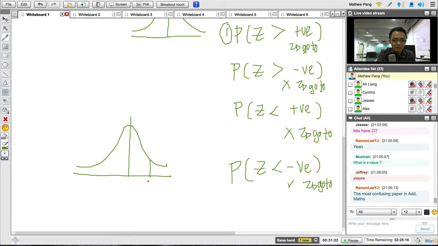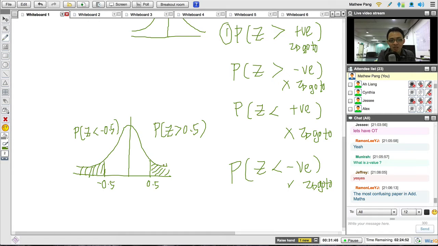Let's say I call this one 0.5, so here will be negative 0.5. If the probability of Z is bigger than 0.5, bigger than 0.5 will be this area, and I will call it probability Z. If I want to find this area, obviously it is less than negative 0.5.